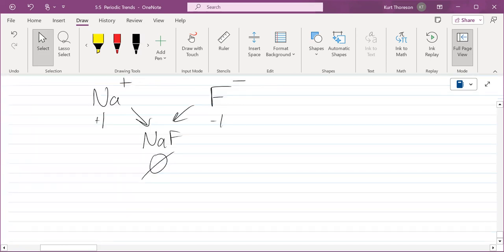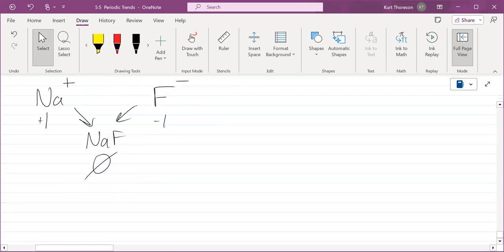Okay. If I were to tease you guys with something a little more complex, look at this. Let me think of something. All right, watch this. Magnesium has positive 2 charge. Bromine has negative 1. Okay. This is not on your test, so just chill.